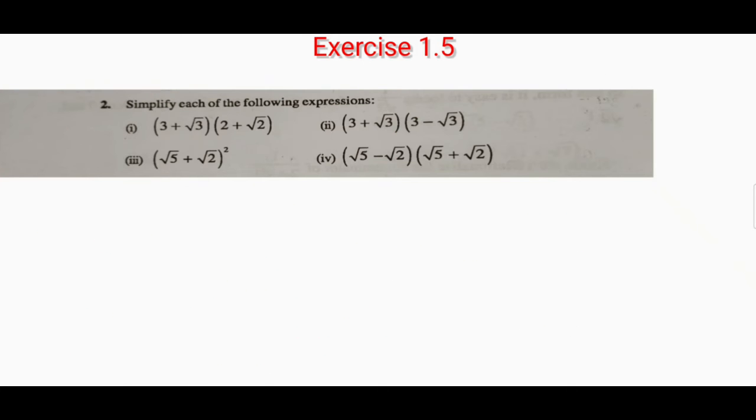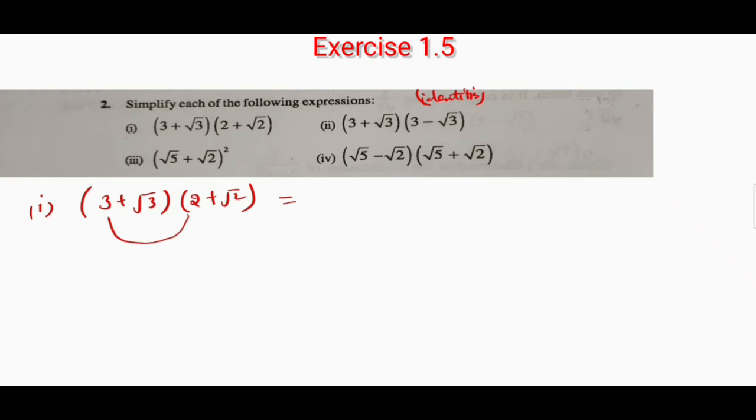Second type of question, here we have to simplify each of the following expressions. The first expression, we have to simplify using identities. So first is 3 plus square root of 3 into 2 plus square root of 2. Here what will we do?